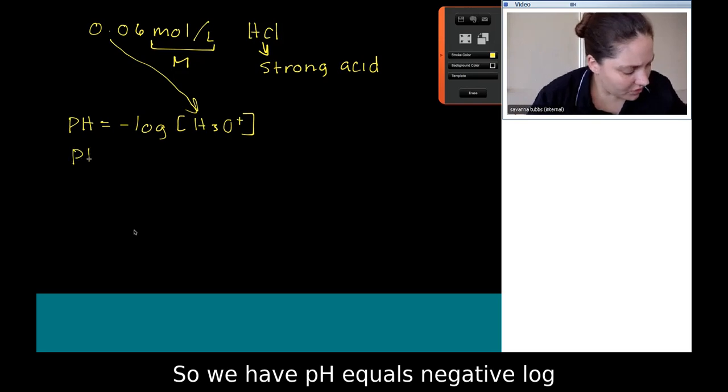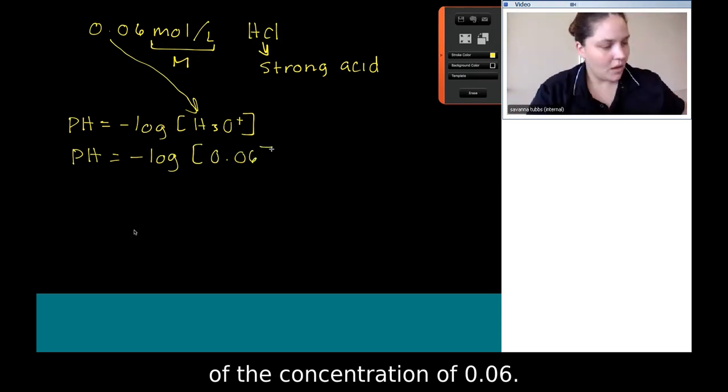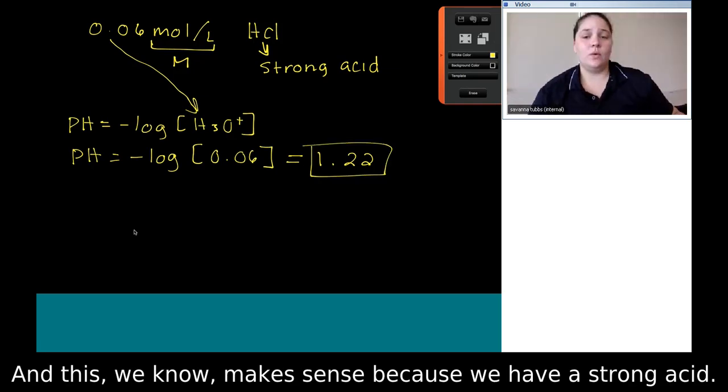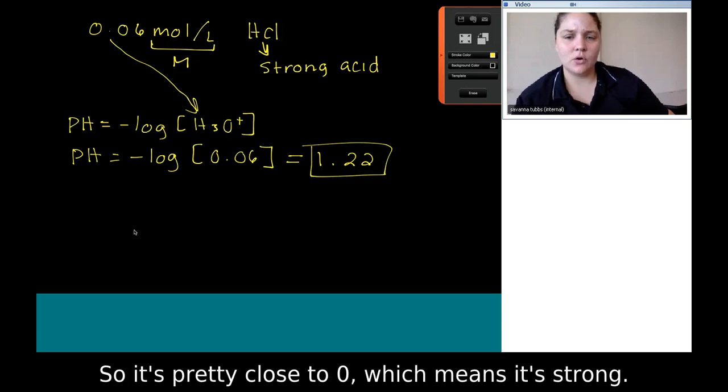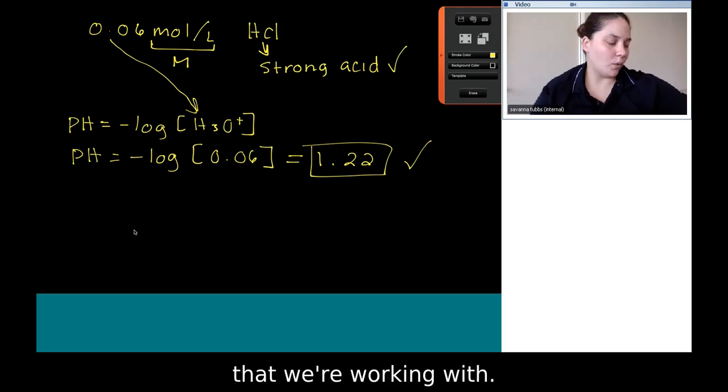We have pH equals negative log of 0.06. When we plug that in, we end up with a pH of 1.22. And we know this makes sense because we have a strong acid, so it's pretty close to 0, which means it's strong. Our math worked out, and it matches the compound we're working with.